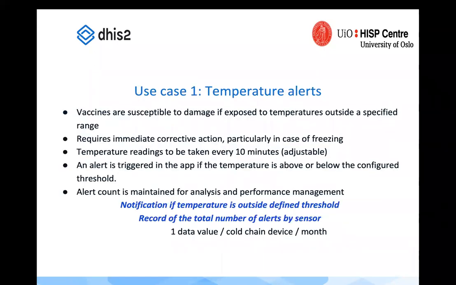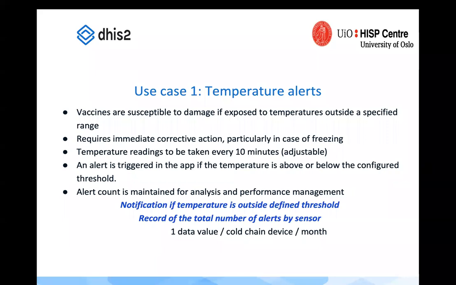So temperature alerts, as I mentioned, vaccines are of course very sensitive to freezing, especially to temperature excursions, to high or low temperature, but especially they're very quickly damaged in case of freezing.